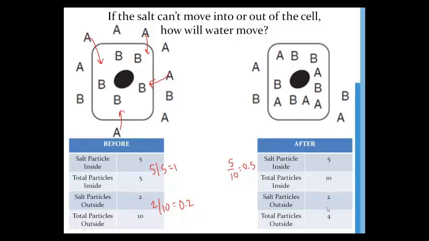On the outside of the cell, there's 2 salt particles, but a total of 4. So 2 over 4 gives us the same thing, 0.5. So even though there's more salt inside of the cell, there's also more water. And that balances out so that the concentration of salt inside and outside of the cell is the same.